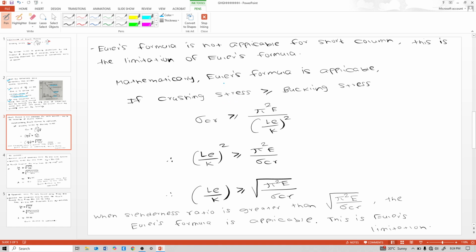That's why Euler's formula is applicable when crushing stress is greater than or equal to buckling stress. Remember this, it is very important. Whenever crushing stress is greater than or equal to buckling stress, Euler's formula is applicable.